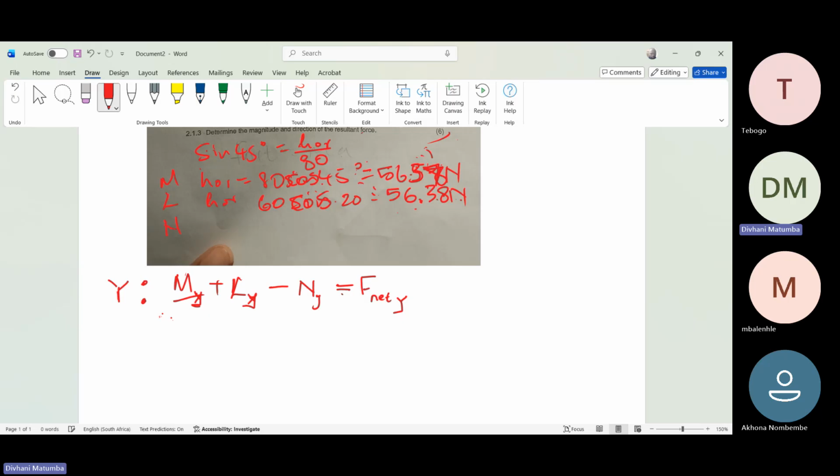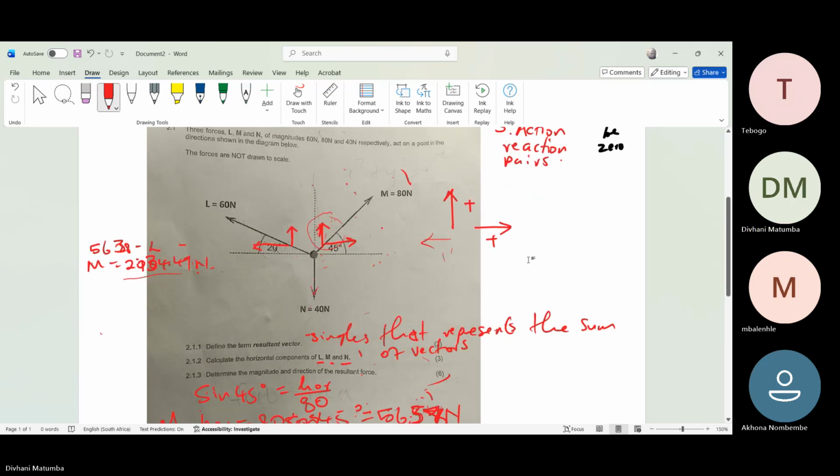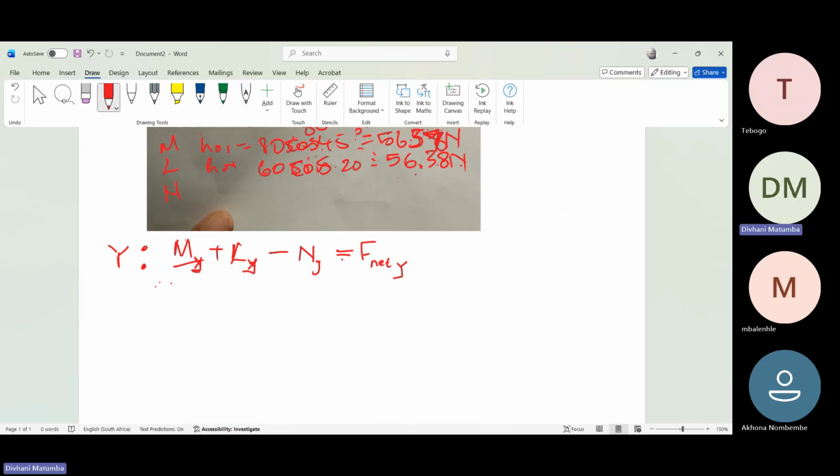It is going to be 80 sine of 45 plus L, which will be 60 sine of 20, minus 40, will give us F net in the y direction. If you use your calculator, how much are you getting? 37.09. Okay, I trust your answer.